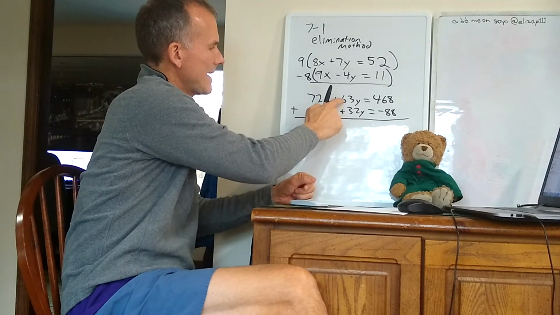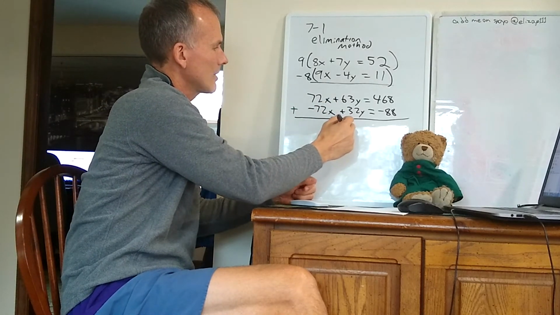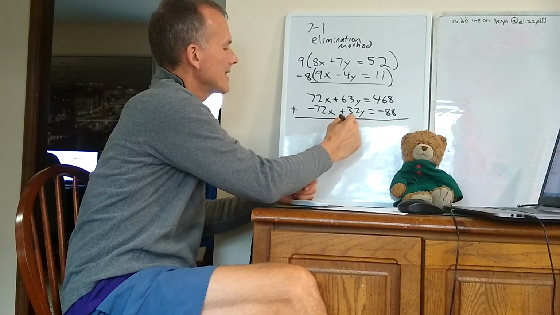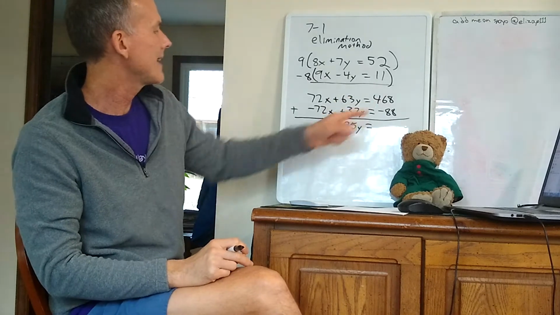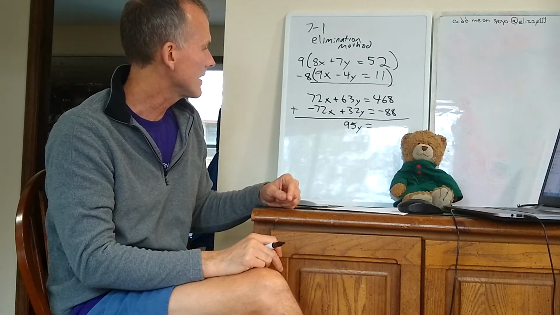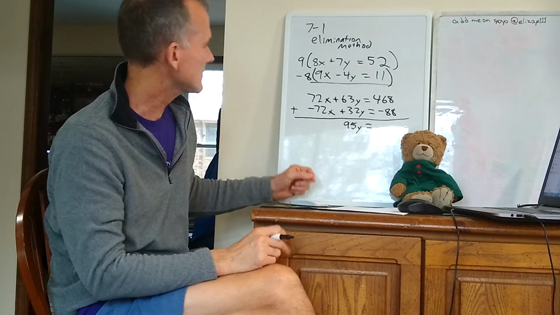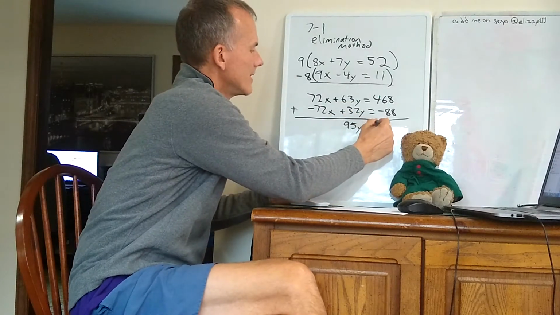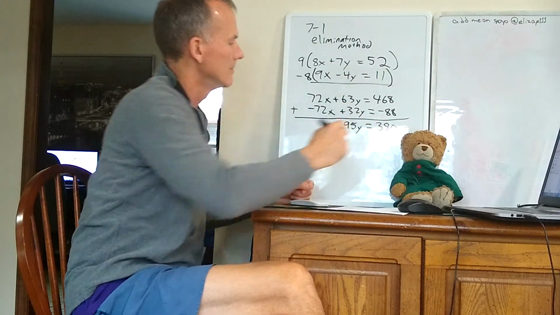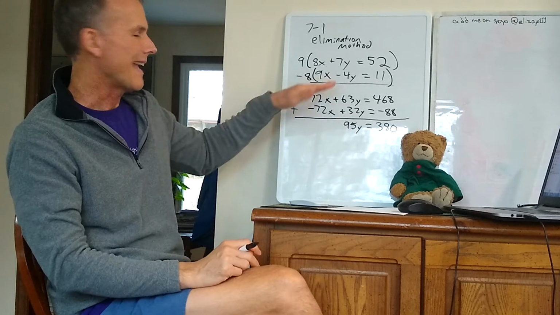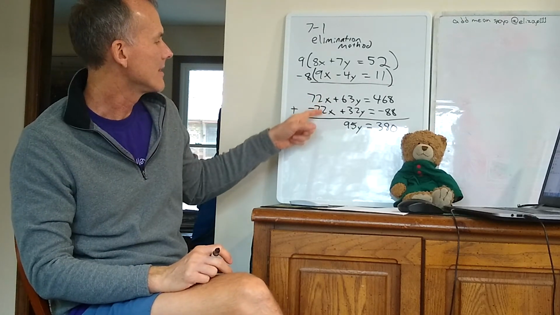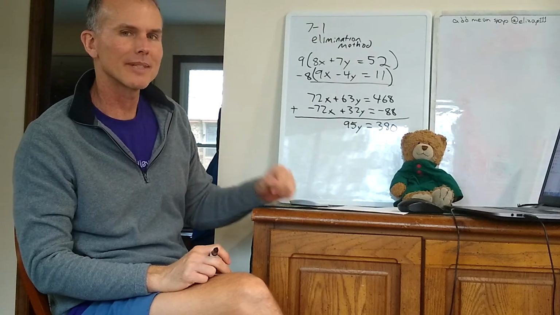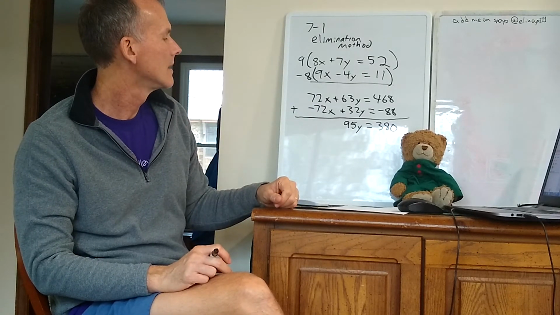Then I'm going to add 63y plus 32y, which I think will give me 95y. And then I'll add 468 plus negative 88, which I think gives me 308. And notice, by adding those two equations this time, we were able to eliminate one of the two variables. In this case, we eliminated the x variable.